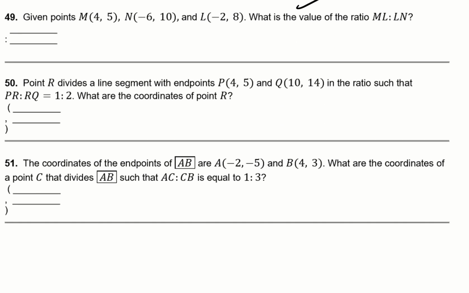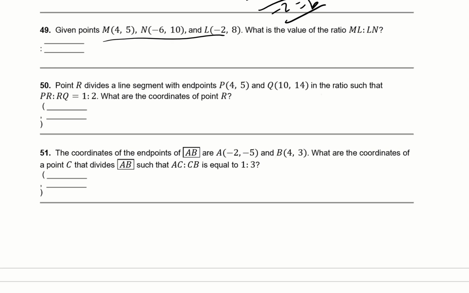All right, given points 4, 5, negative 6, 10, and negative 2, 8, what is the value of the ratio ml to ln? So we have 3 points on a given line.